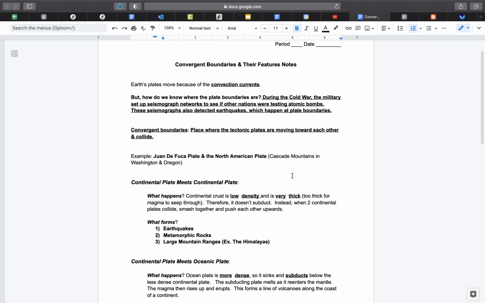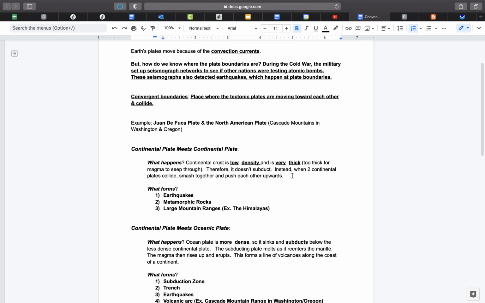Lots of events there. You have volcanoes that have been made, you have the Cascade Mountain Range, and sometimes earthquake events in that region as well, all because of those plates moving and interacting with one another.